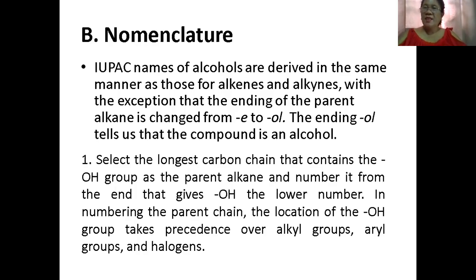So what is the rule? Of course, same thing. Let us select the longest continuous carbon chain that contains the OH group as the parent alkane, and number it from the end that gives the OH the lower number.